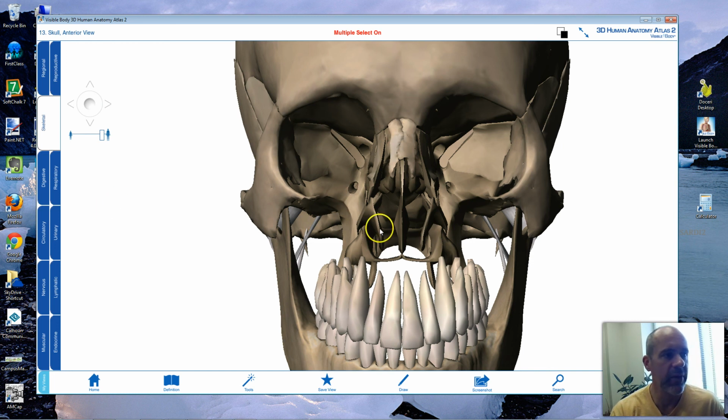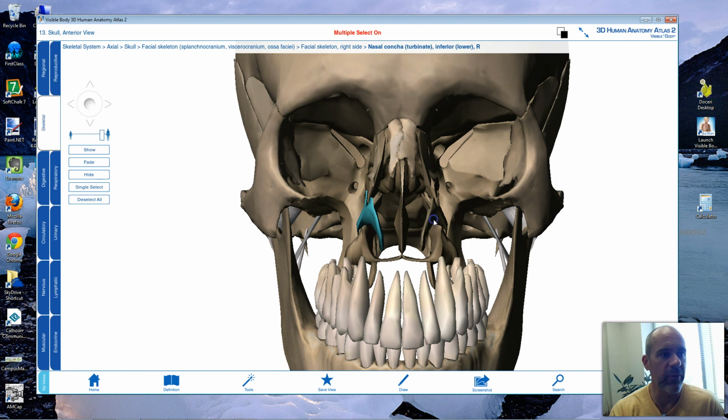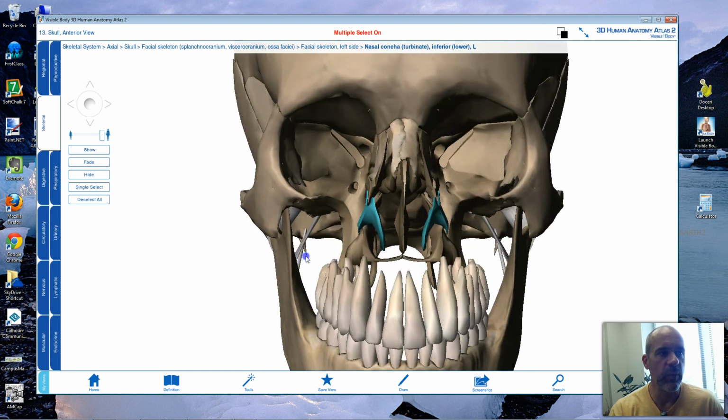All right, inferior nasal conchae. We did those, talked about those a little bit before as well when we were going over the cranial bones. So when you look into the nasal cavity like you see here, you will see down at the bottom portion, you've got these turbinates that extend outward on the left and the right side, or folds.